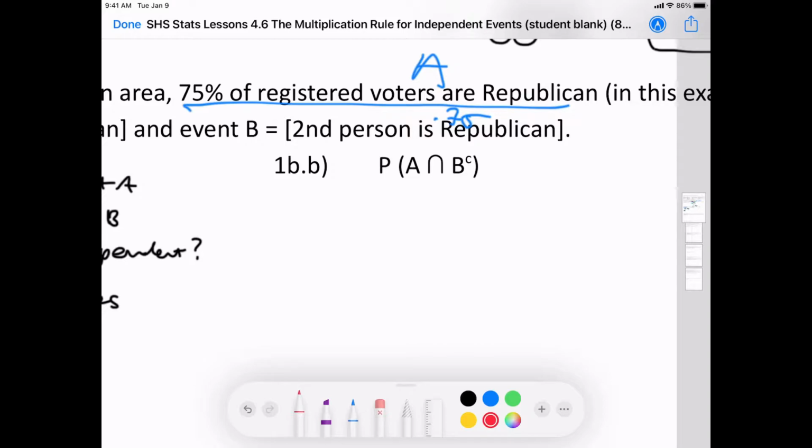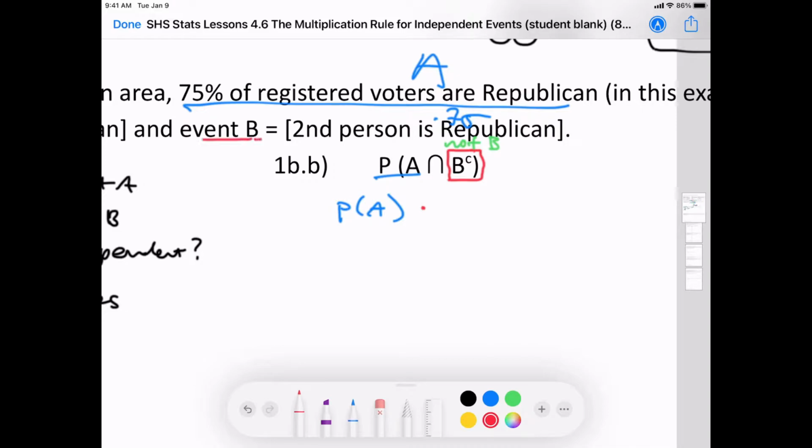What does this mean? The C there, remember, basically means not B. So I have the probability of A and the intersection, or times, the probability of not B. What does not B mean?